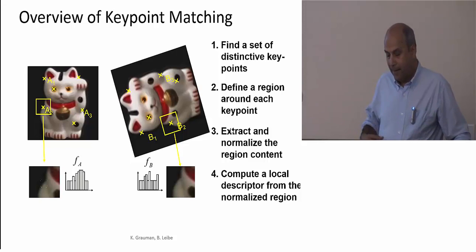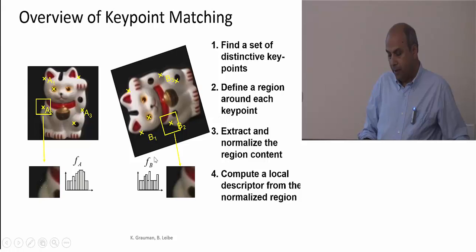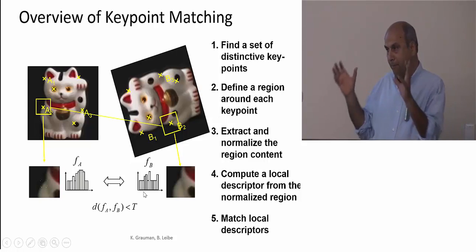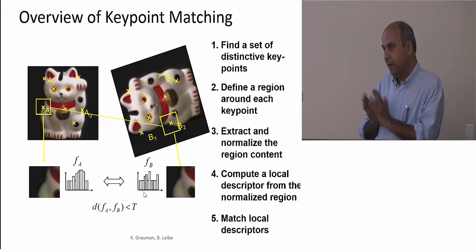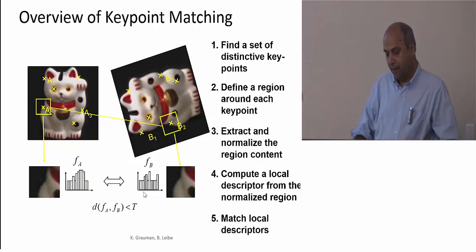That descriptor can be a feature vector, as shown here, or a histogram or something. Then the final step is that we match those two descriptors. There are two vectors, and we want to say, are they the same? How similar are they? So that's the idea of key point detection and key point matching.